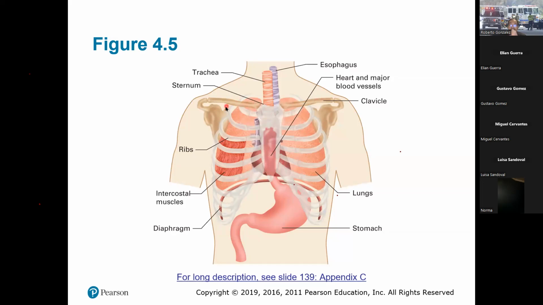The clavicles connect to, well, I can't show you this because I need the back portion of it, but it's the scapula itself. Of course, in between the ribs are muscles. And of course, your heart is located right here, retrosternal, slightly to the left.